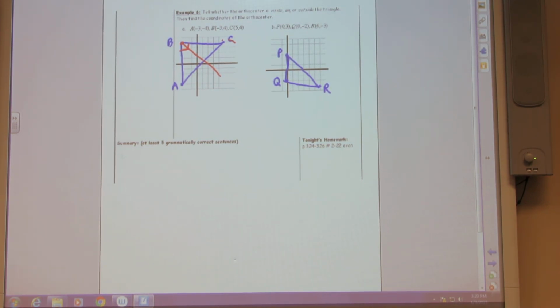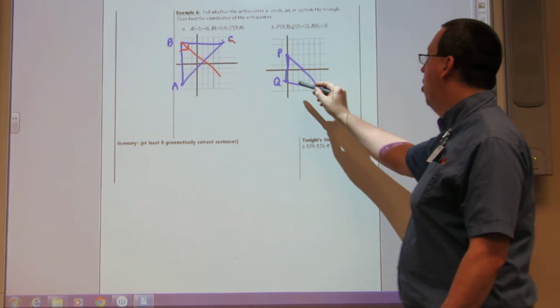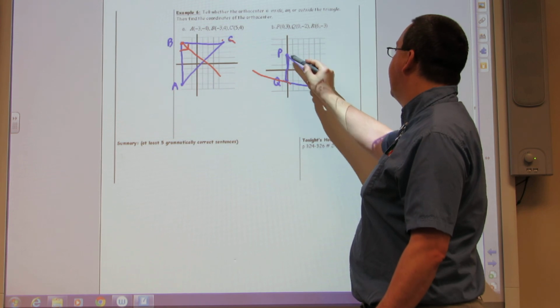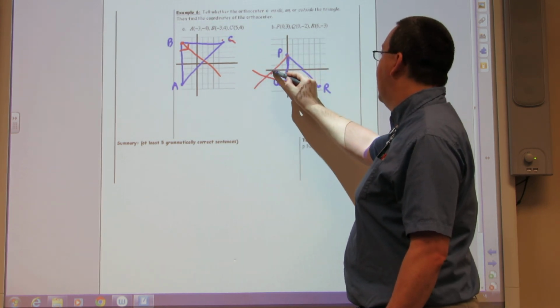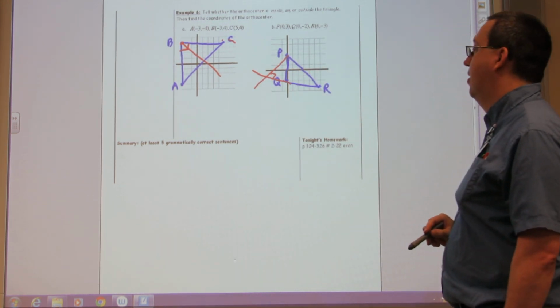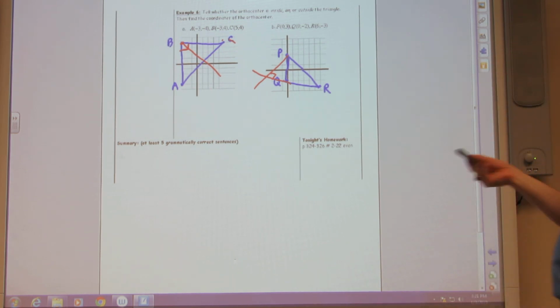Okay. If I look at QR, where the line from P is going to hit that at 90 degrees, it's not going to be anywhere on QR. As I extend this out, this line is going to come down and hit at 90 degrees there. Because of that, my orthocenter would be outside.